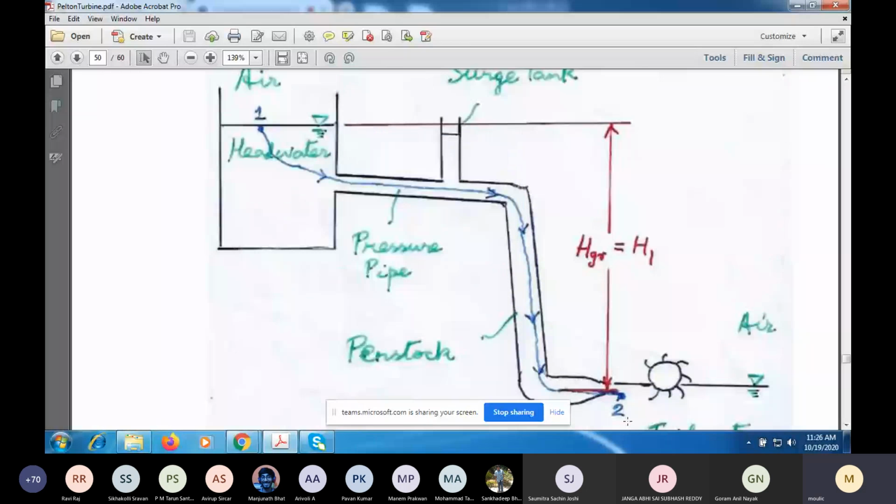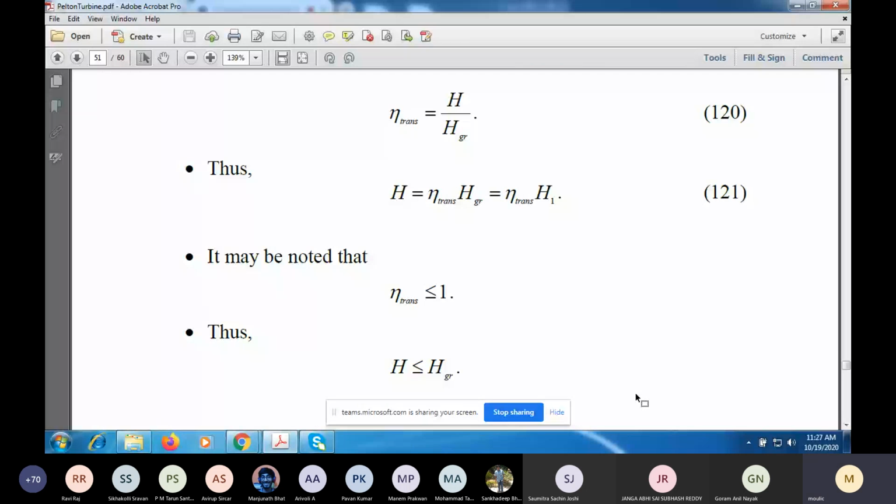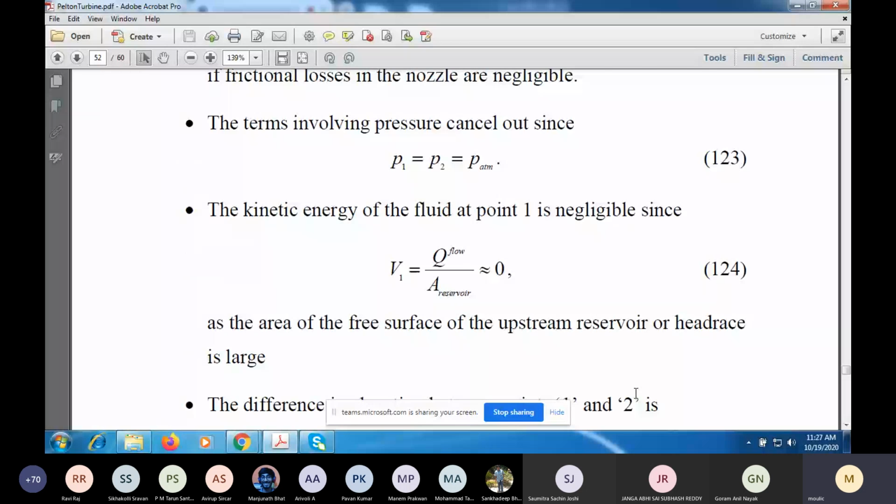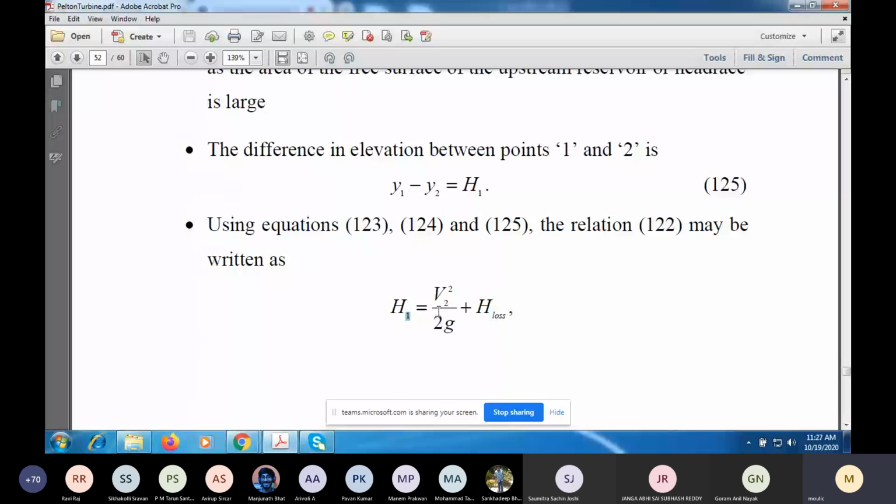It is the level difference between the level of water in the upstream reservoir and the level of water at the center line of the nozzle. So this equation simply reduces to H1 equal to V2 square by 2G plus the head loss.